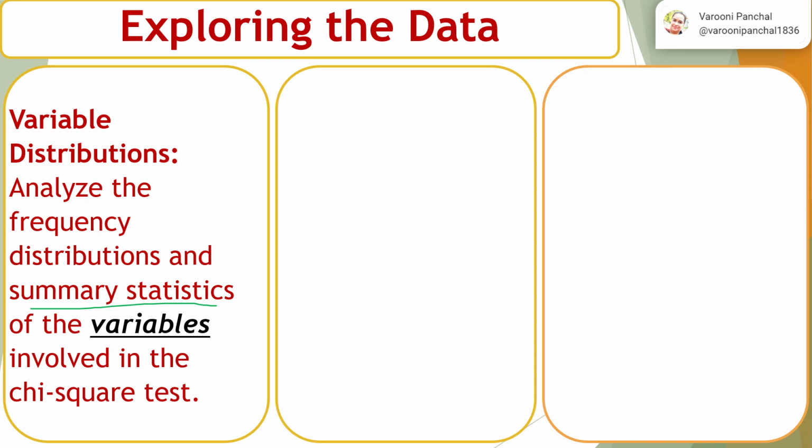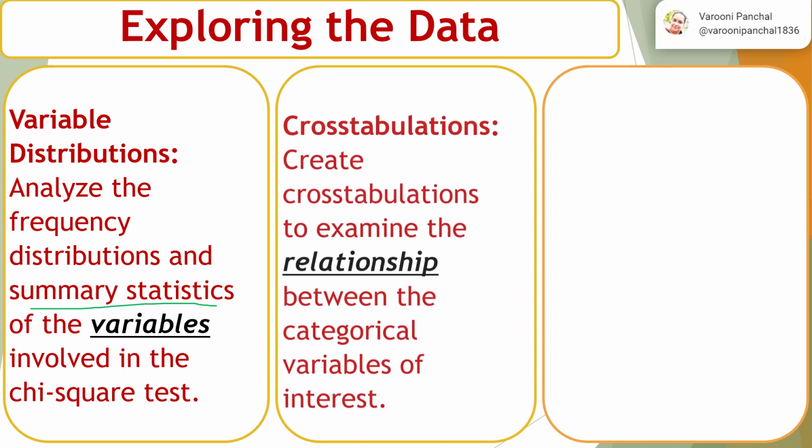Say for example, how many patients I have with improved cases and how many patients with not improved cases. What is the mean value of improved cases, or what is the mean value of not improved cases? So these statistics will also help you in some way before applying the chi-square test.